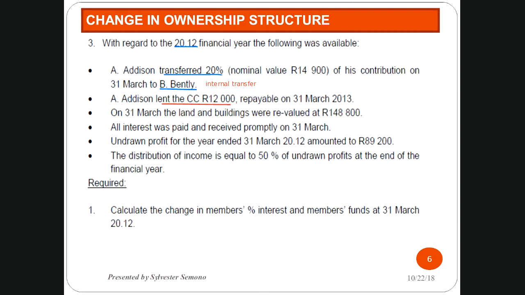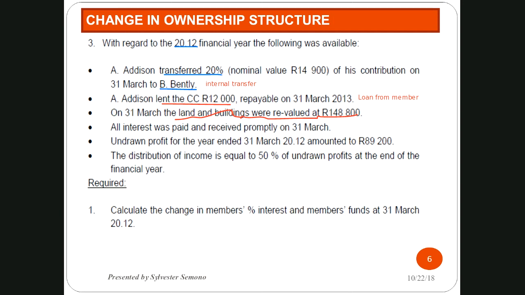And again, if you check on the 31st of December, the building was revalued. So meaning we are going to revalue the building. We're going to check whether we made loss or not. But if you go and check the land and building here from the list of balances, the amount of land and building was how much?